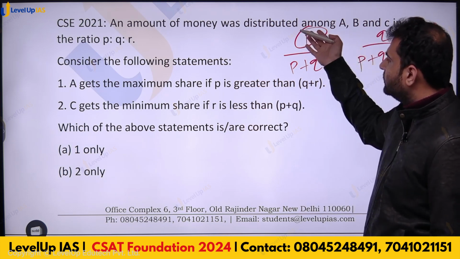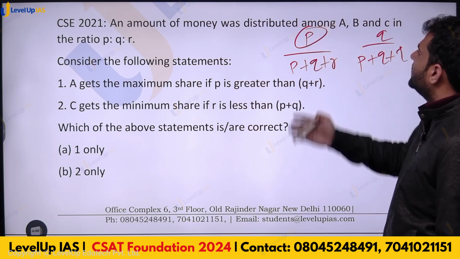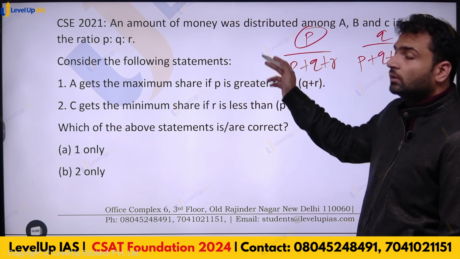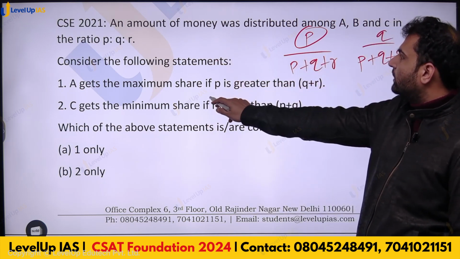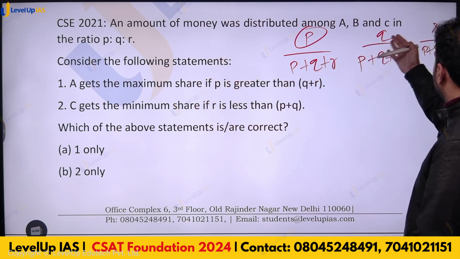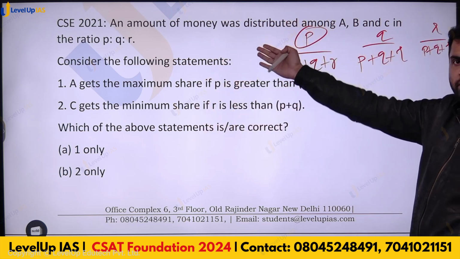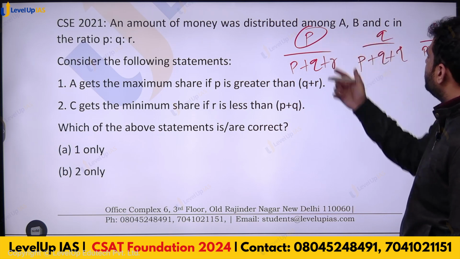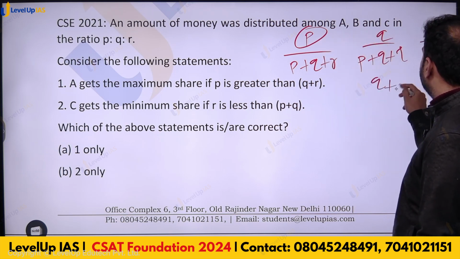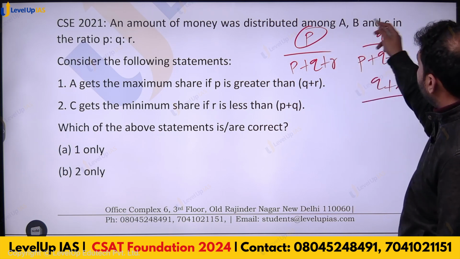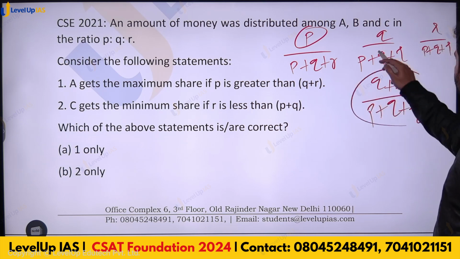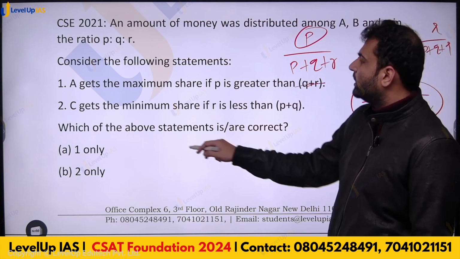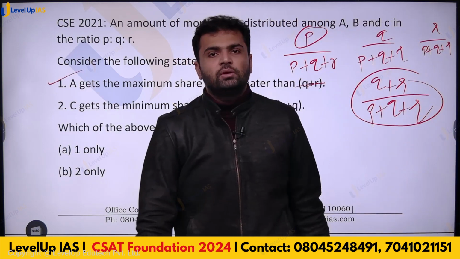So P has to be as big as possible for A to get maximum. So A will get maximum share if P is bigger than even the addition of these two, Q plus R, meaning B and C together get this much, this plus this. If P is bigger than even that, then of course A will get maximum amount.